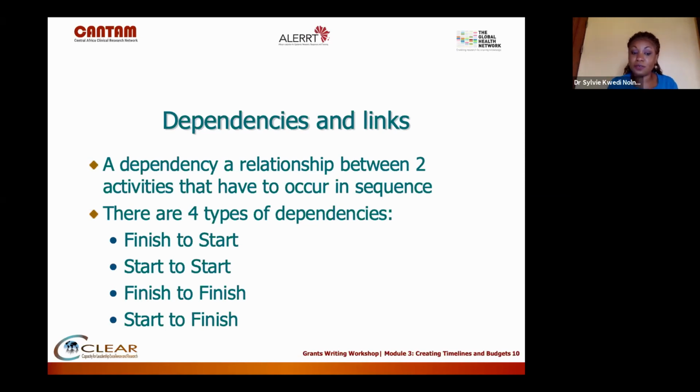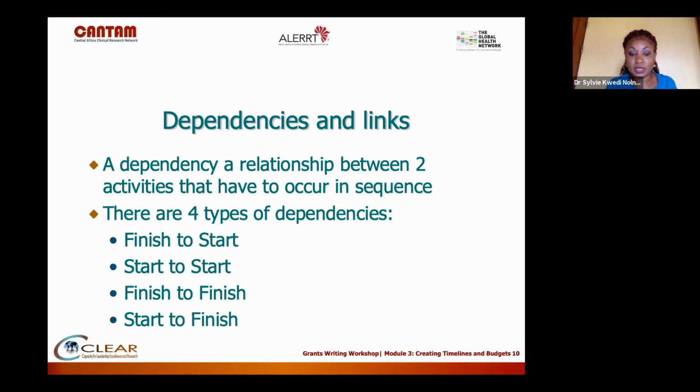It's a little bit different from finish to start, because in that very first dependency, finish to start, task A needs to finish, and then task B needs to start. The last one: task A needs to start before task B can finish, even though task A is not finished.